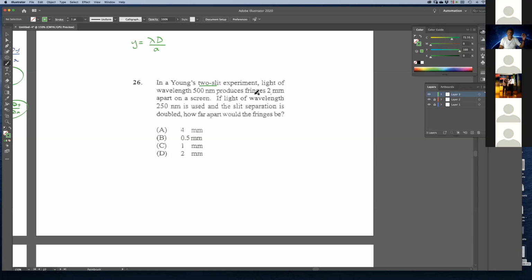The fringes are 2 millimeters apart. That's your y, 2 by 10 to the minus 3. And they're giving us, if light of wavelength 250 nanometers is used and the slit separation is doubled, all right, what's going to happen? That's pretty basic. 26, the answer is C.